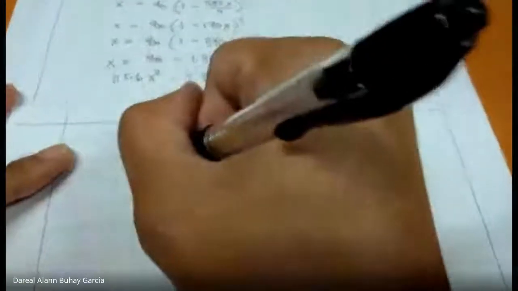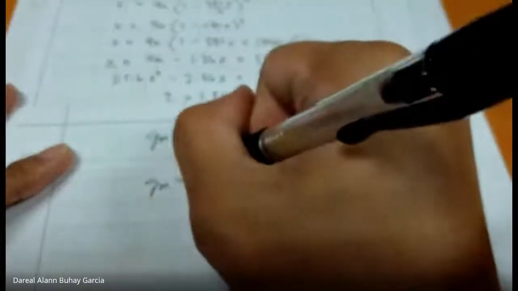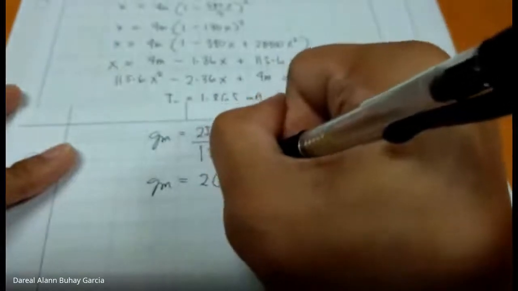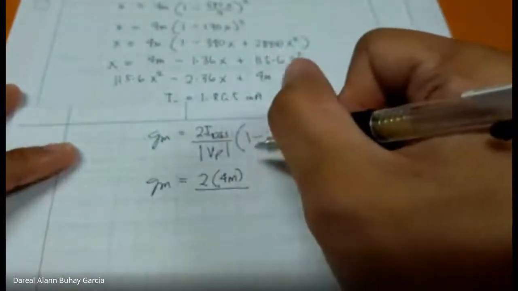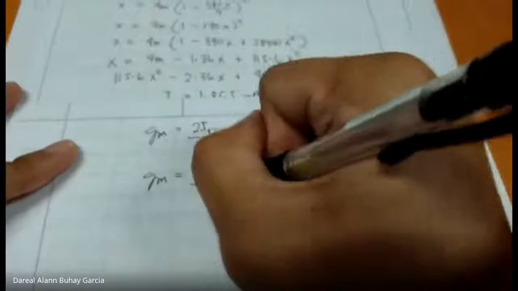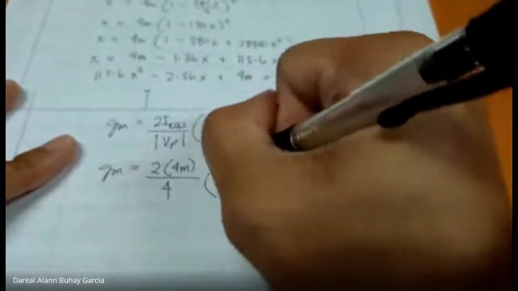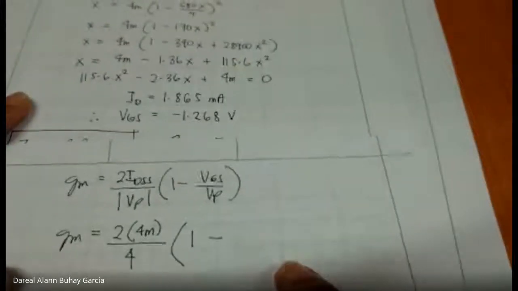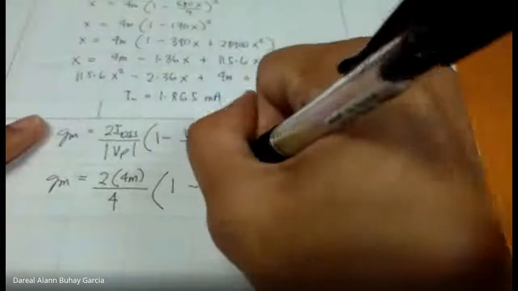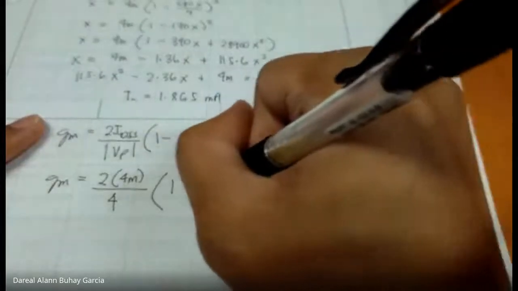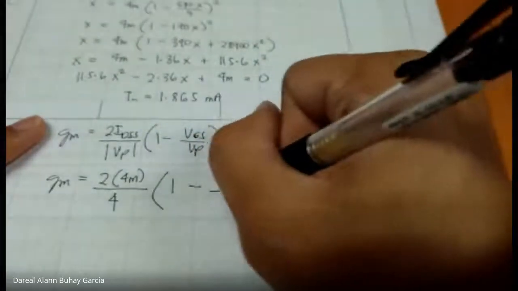That's 2 times 4 milli times the absolute value of 4, which is 4, times 1 minus negative 1.268 over negative 4. So the negatives cancel, VGS and VP.